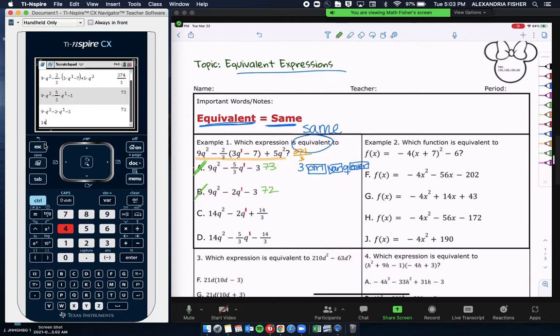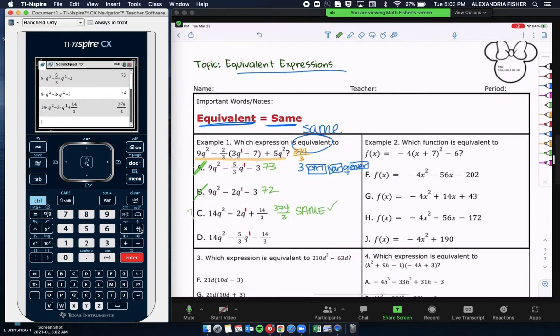14q squared minus 2q1 plus 14 over 3, enter. And that gave me 374 over 3, which is the same. This is the same, all right, same. That is correct.